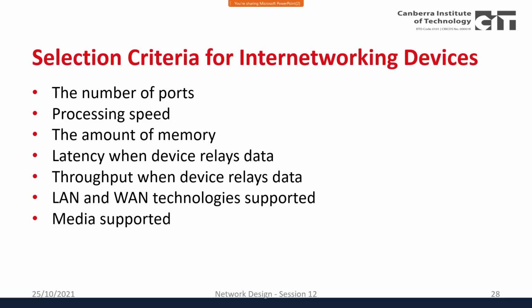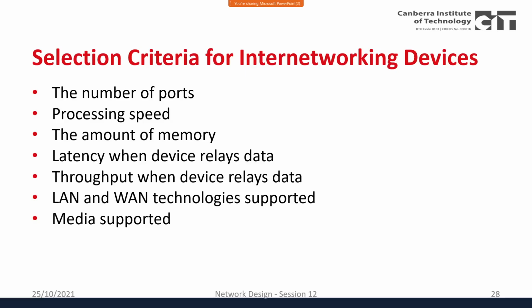Why am I paying much more for the newest one? It all comes down to processing speed as well. How fast the CPU can forward the frames, make routing decisions if it's a router, and so forth. So the speed of the CPU plays a role when selecting routers and switches.